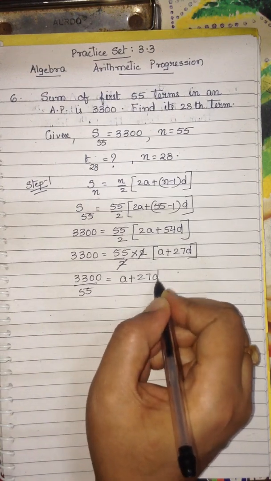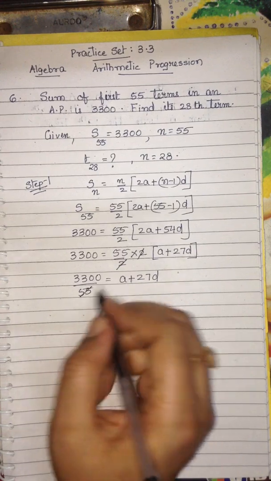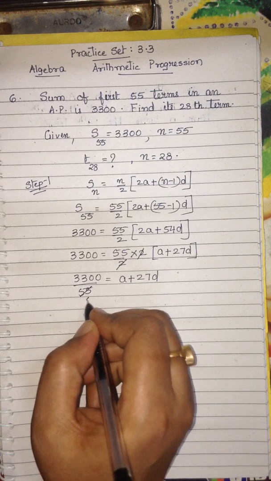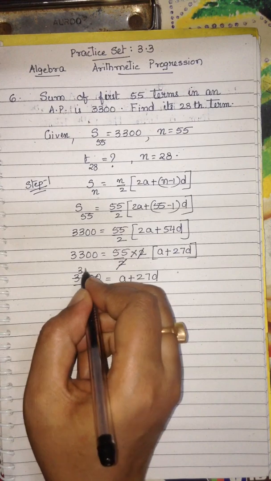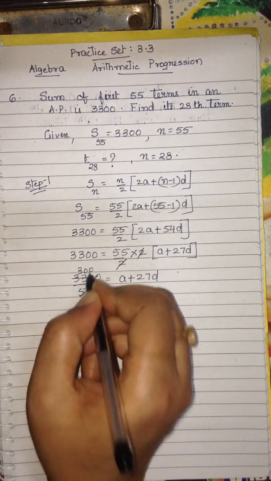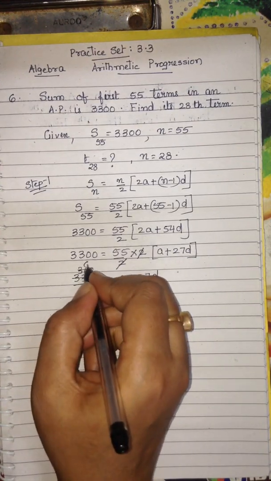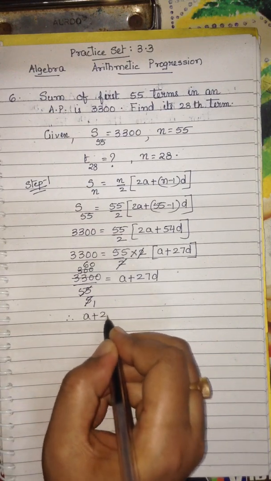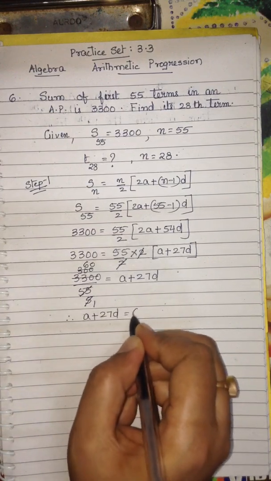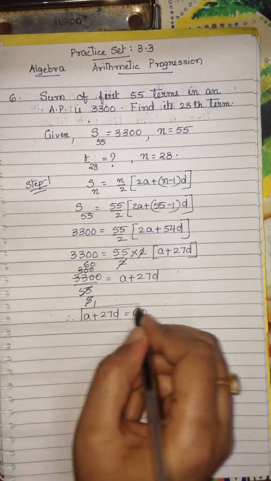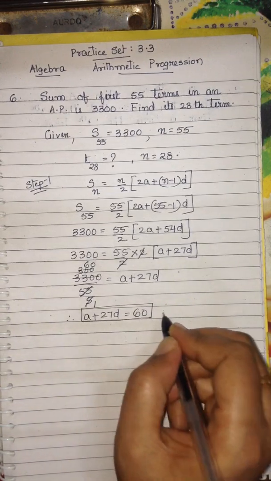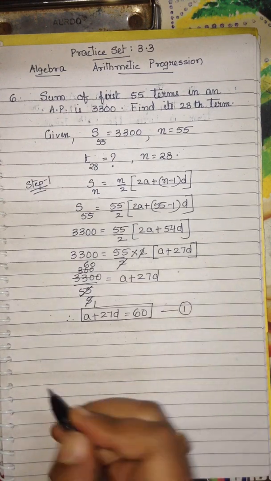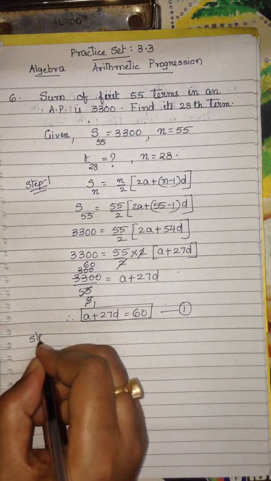If you cancel, 11 fives are 55, 11 threes are 33, and again 11 fives are 55, 11 sixes are 66, so 60. Hence a plus 27d is equal to 60. You got your first equation. So how is it going to help us?